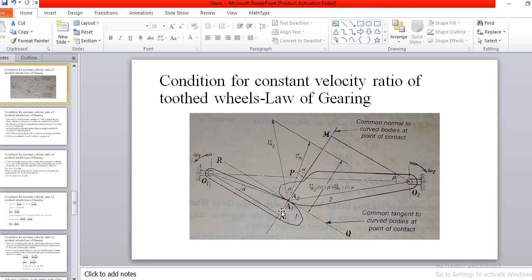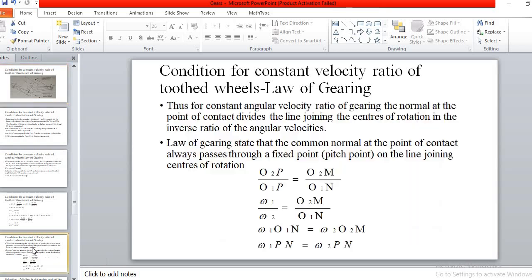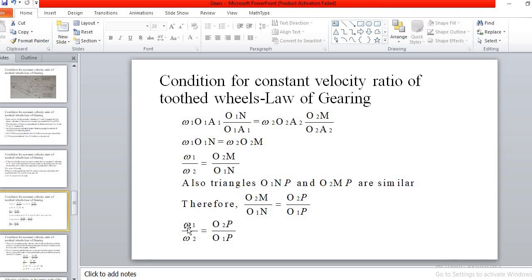This O1O2 is intersected by the common normal at the point of contact, at this point P, the pitch point. And this point P divides the line joining the centers of the two curved bodies into two parts, O1P and O2P, and the angular velocity ratio divides the line joining the two center points in inverse proportion.